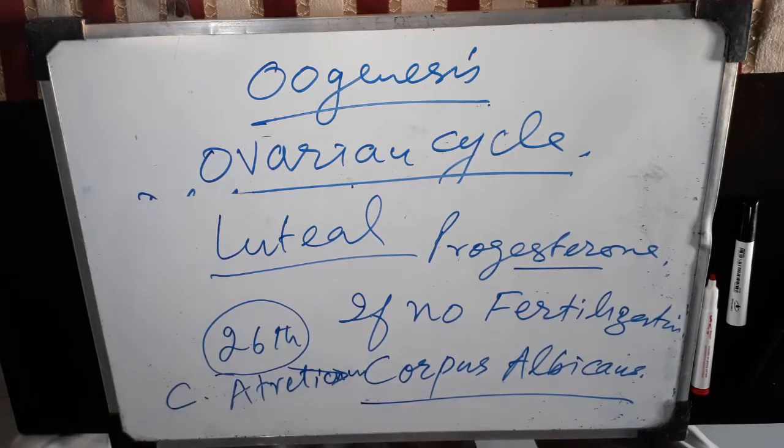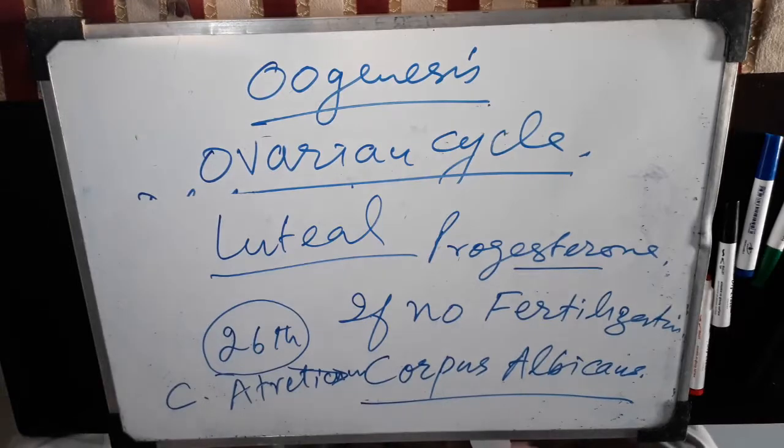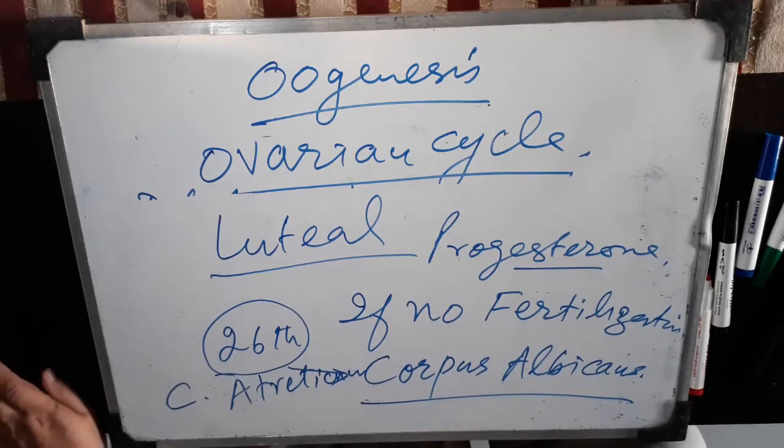So there are three types of corpora: corpus atreticum, corpus luteum, corpus albicans. This is the ovarian cycle, and the next cycle starts after 28 days, again 20 follicles come out and enter the cycle, the others remain.